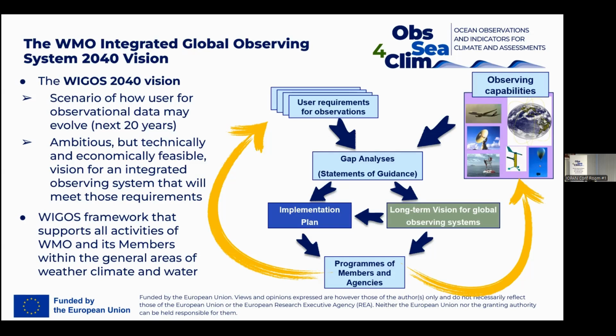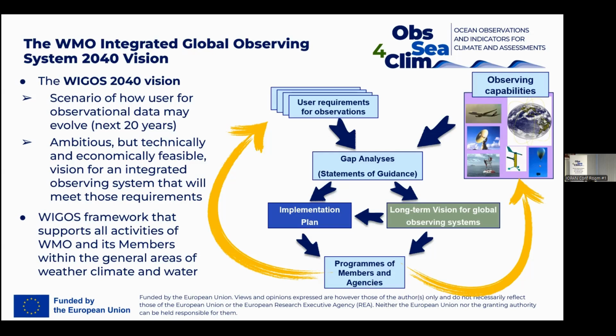Then there are the observing capabilities, which for the ocean are more or less Argo plus other networks. And then a gap analysis needs to be done.